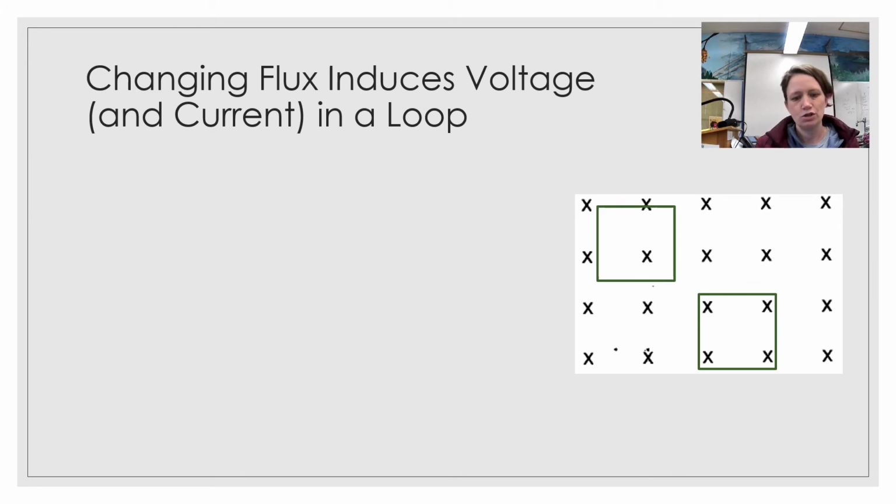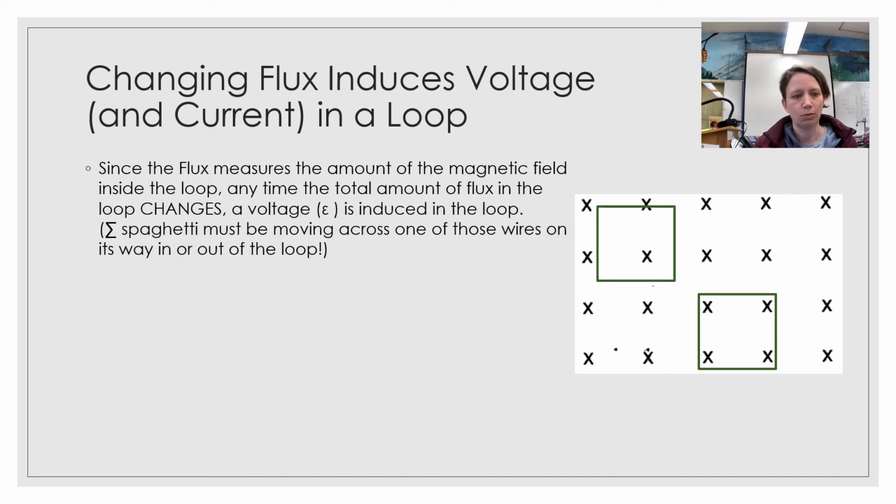So we can use this new variable flux to, as I said earlier, efficiently calculate the induced voltage and current in a loop of wire. Since the flux measures how much magnetic field passes through the loop, anytime the total flux in the loop is changing, we're going to have a voltage induced.